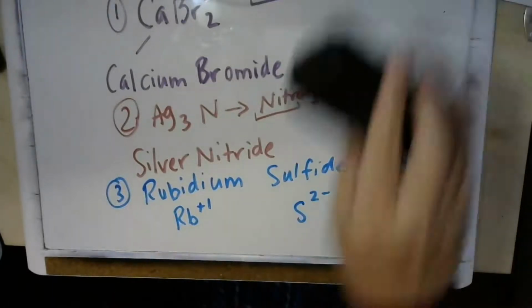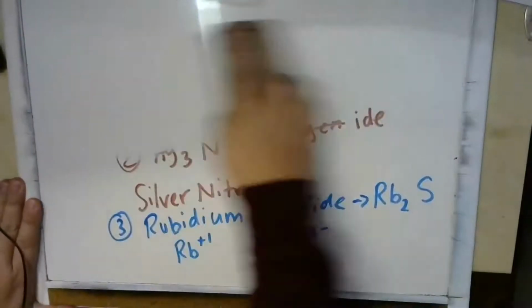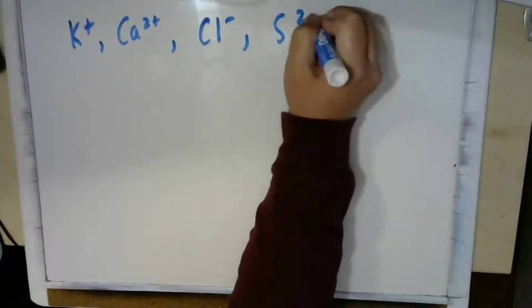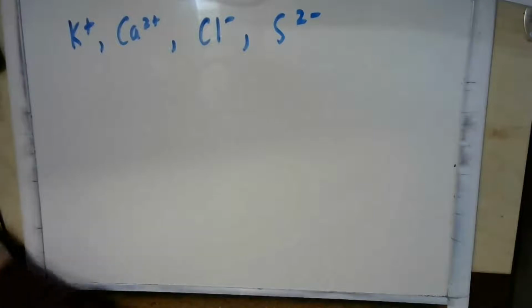If we look at the example on the next slide, it asks us to give all of the compounds containing no other ions than K+, Ca2+, Cl-, and S2-, and then to name each compound. Let me just show you this slide real quick.